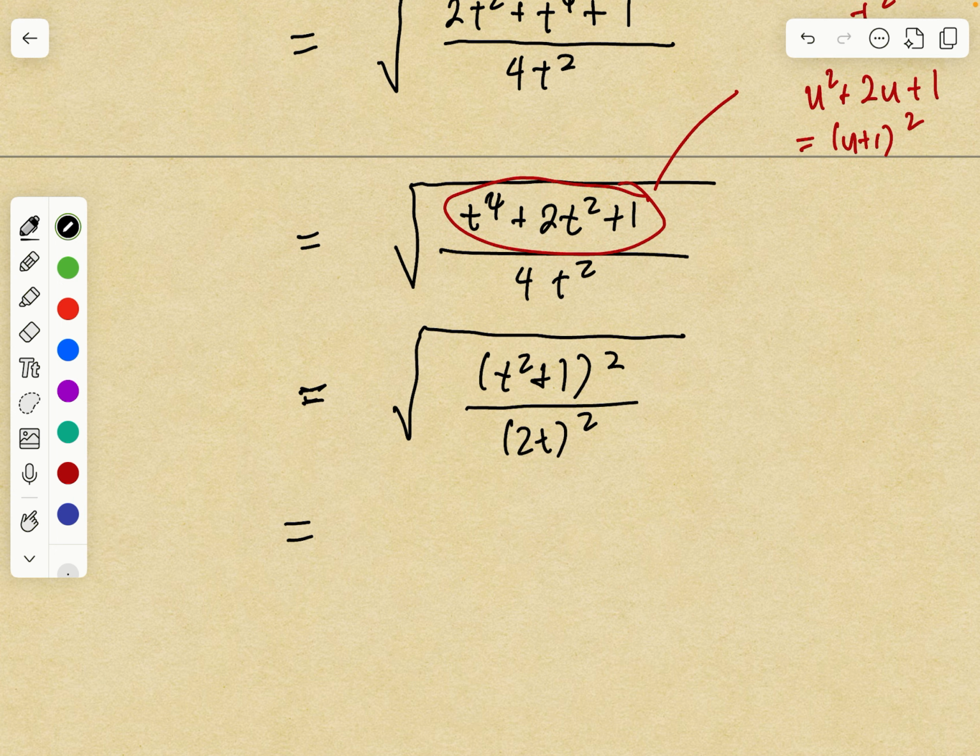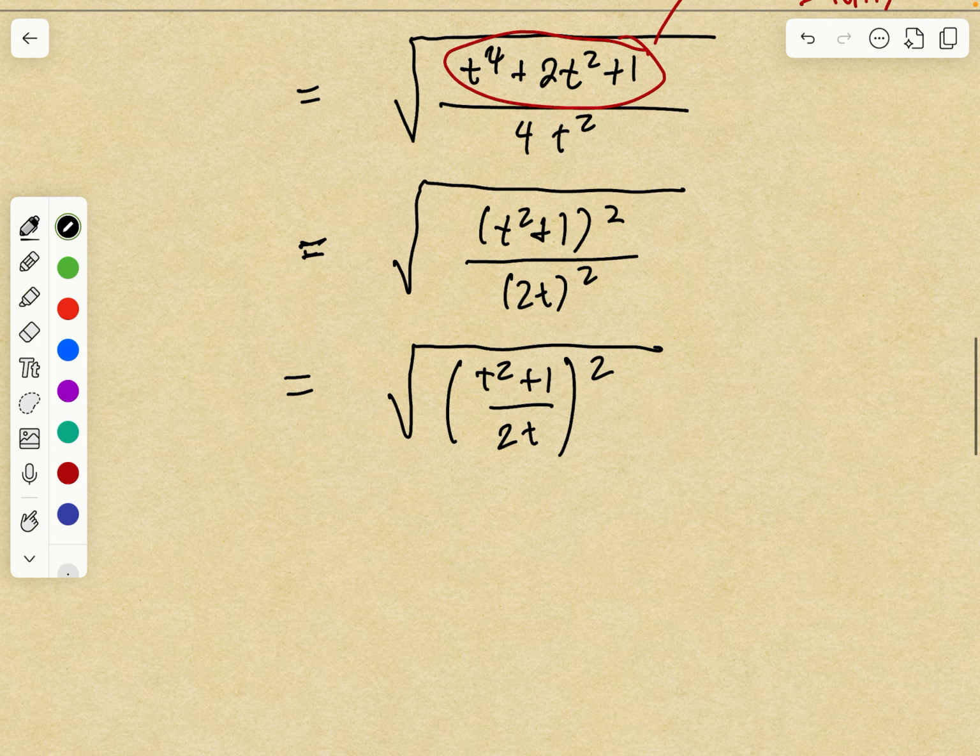Now this is going to be the square root of t squared plus 1 over 2t all squared. So now I have something squared and then the square root, and when I simplify that, that's going to give me t squared plus 1 over 2t.